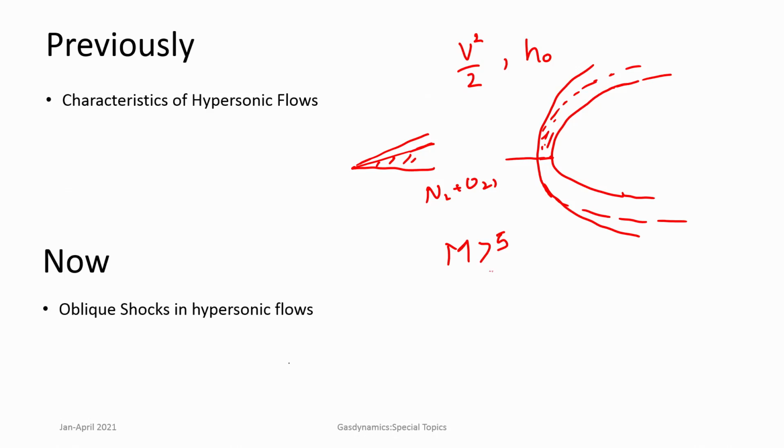So, a good ballpark number to call something a hypersonic flow is Mach number greater than 5, but really these effects have to become dominant. Then we are in the hypersonic regime. I discussed this in detail in the previous class, and I just gave a brief review of that.